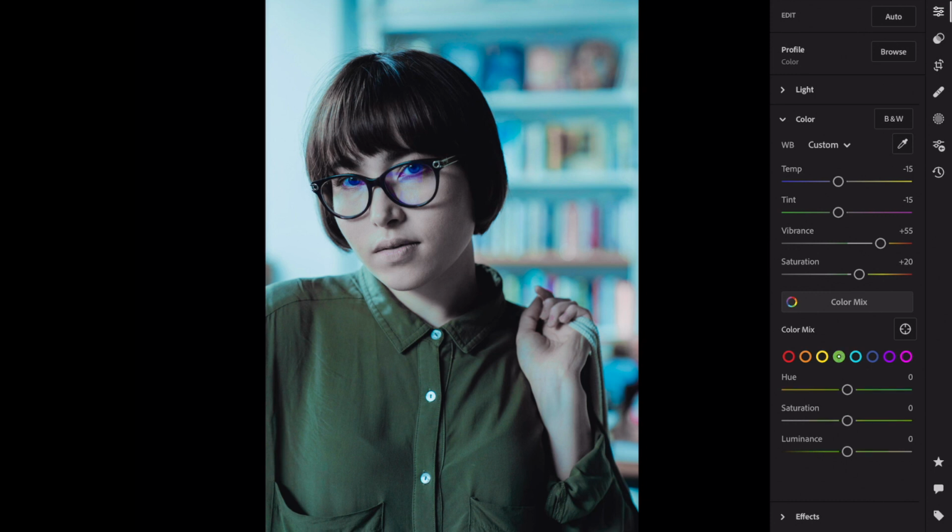Green. Hue, minus 70. Saturation, minus 90. Luminance, plus 100.